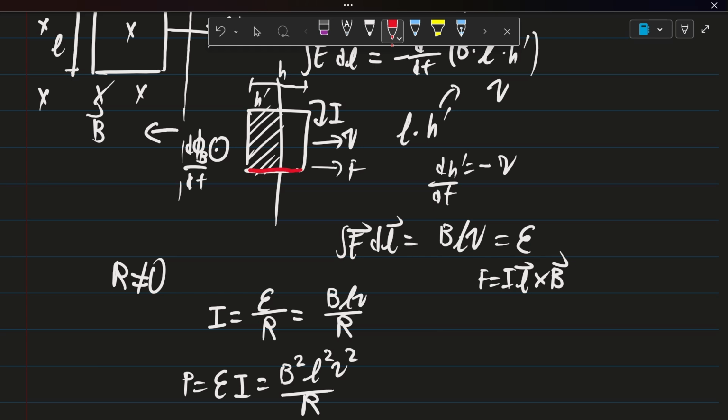Within this direction of L, we get I L cross B, and using your right hand rule, it will go in this direction. This is the force. And what about the other wire? Well, the only change is the direction of L, which means that it will be going in this direction.